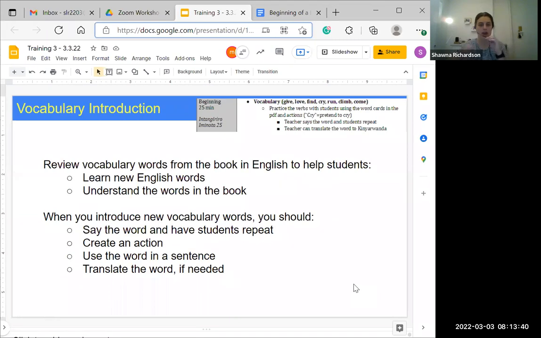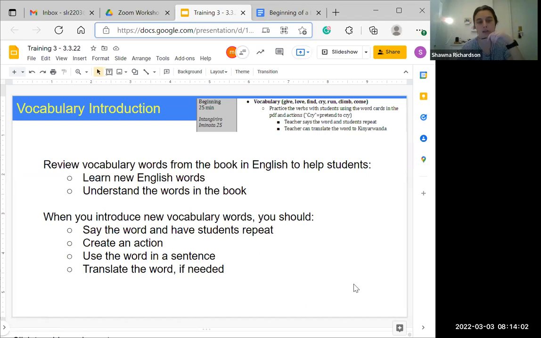All right, so vocabulary words. So it's important to review some vocabulary words from the book in English to help students, okay? So there's a few reasons why we like to do this. Reviewing a few vocabulary words helps students learn new English.